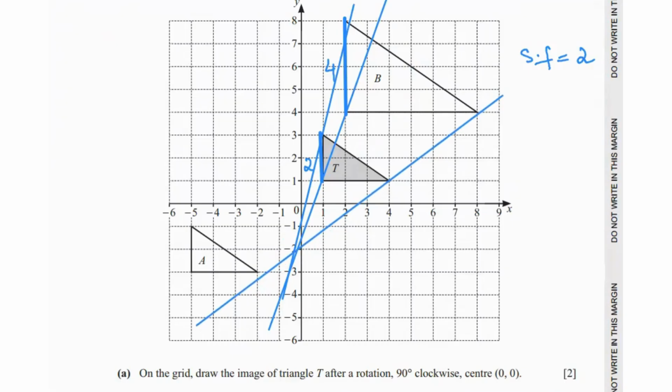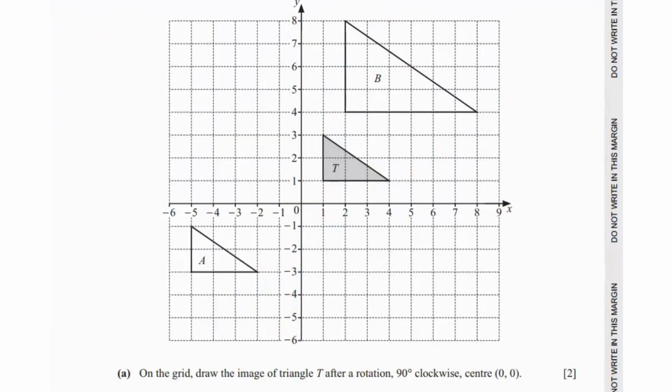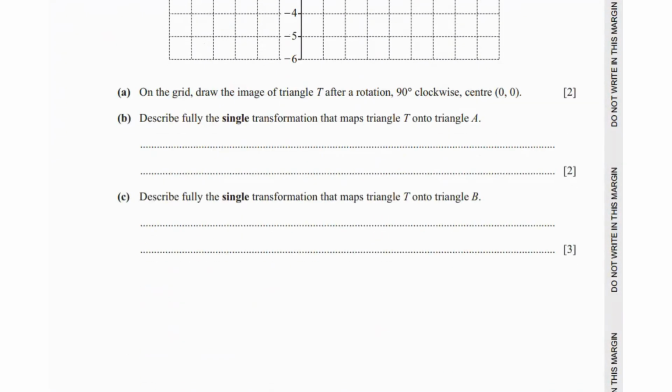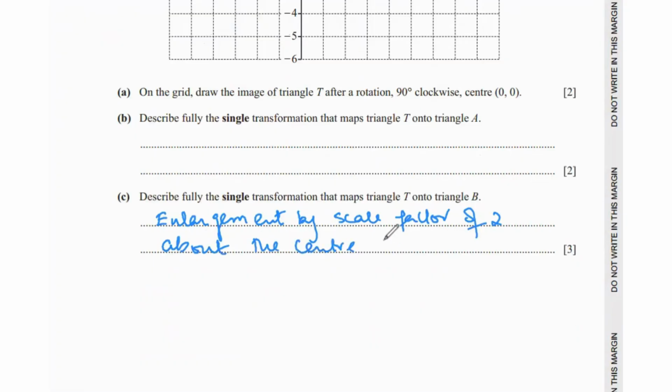And I think that point is coming out to be 0, -2. That is your center of enlargement. So we'll just write this down over here. Enlargement by scale factor of 2 about the center 0, -2.